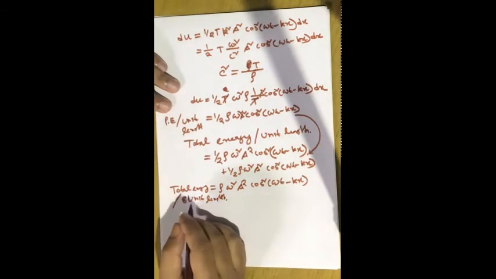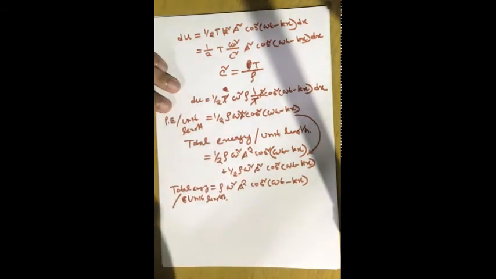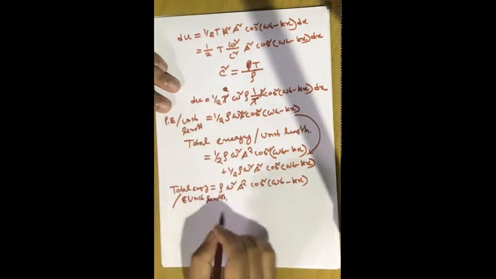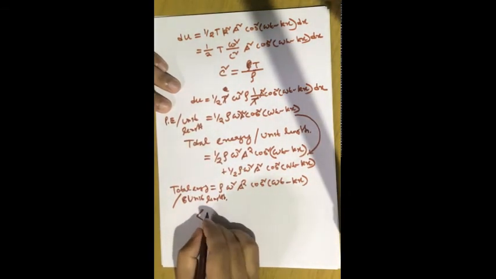Okay, now we are interested in the average total energy, not the absolute value. This is the time dependent value. So if we take the average value, that is the time average.